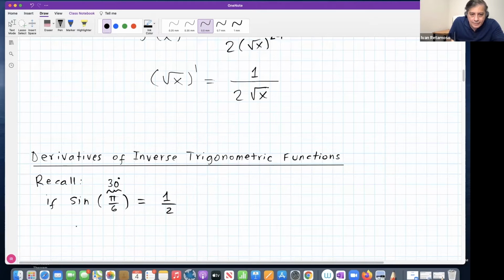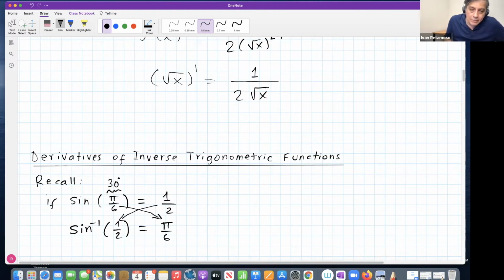Remember, this inverse sine function, sine inverse of 1/2, is equal to pi over 6, right? Remember, guys, this is how the sine inverse function works. Sine of 30 degrees is 1/2, or sine of pi over 6 radians is 1/2, but sine inverse of 1/2 equals pi over 6, right?